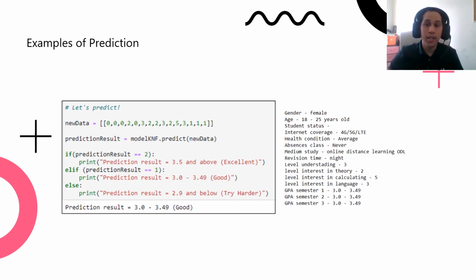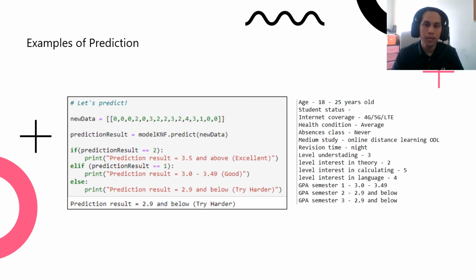We insert the 16 data as I show on the right side, and the prediction result shows that the student will get a CGPA range of about 3.0 until 3.49, which is good. Okay, this is the last example of our prediction. We insert the data as I show on the right side, and the prediction result shows that the student will get a CGPA range between 2.9 and below.